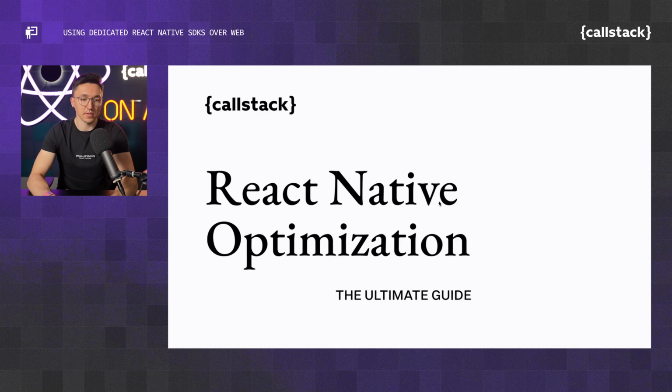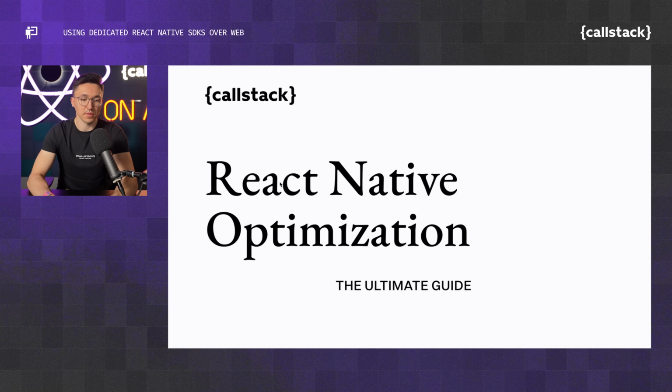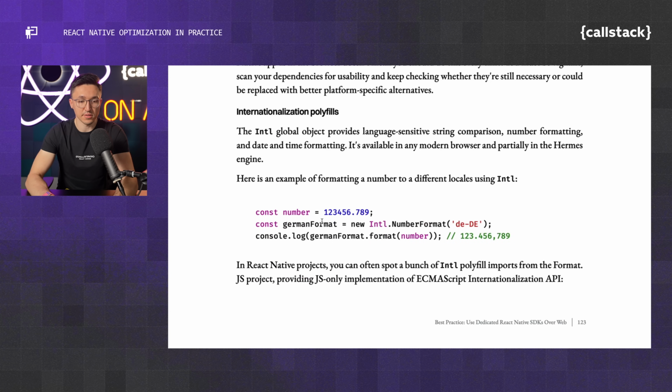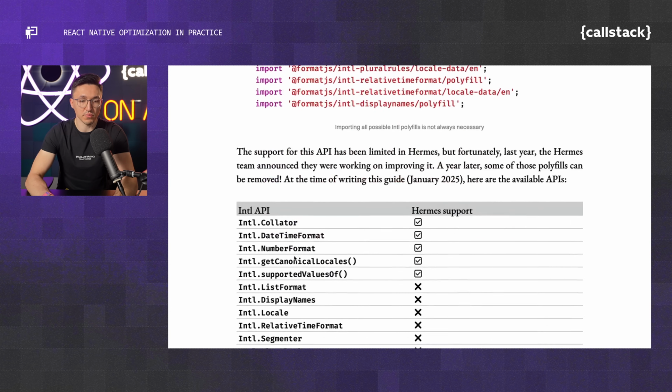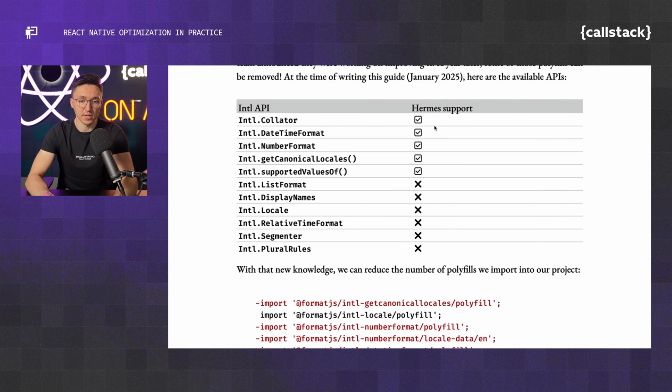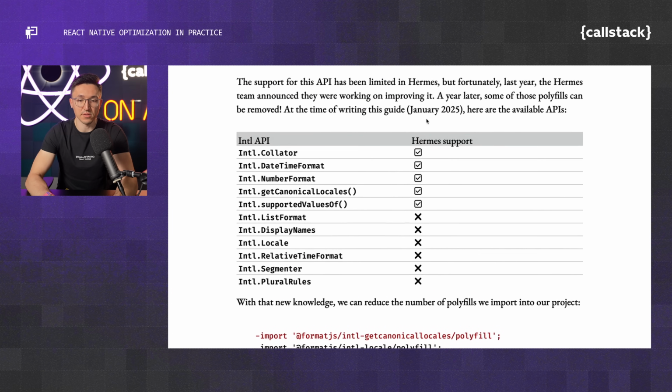What we can learn from this React Native optimization guide that we wrote, and if you haven't got your copy yet, you can get it for free here, is that when we are using internationalization APIs and polyfills, some of those are not really necessary, at least as of January 2025.